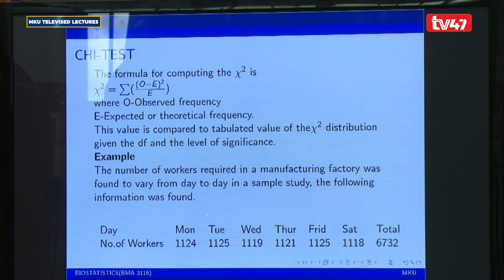Now, Monday, Tuesday, and so on. So we have Monday, they required 1124, Tuesday, they required 1125, and Saturday, the number reduced to 1,118. The total for that, which I included in the table, is 6732.